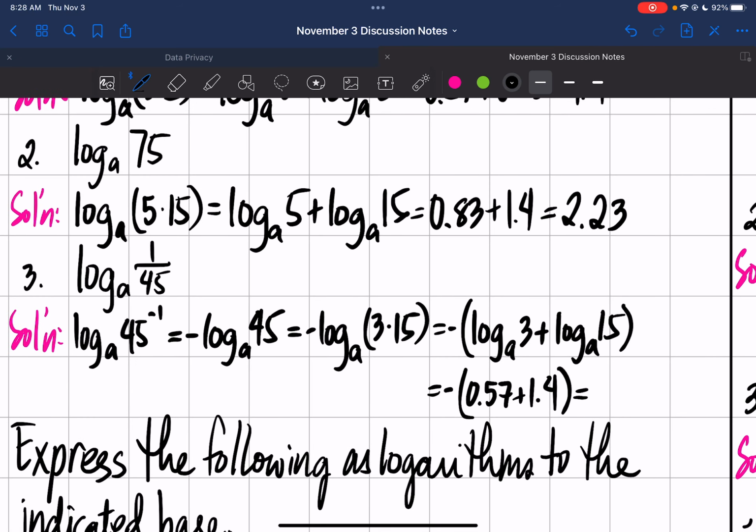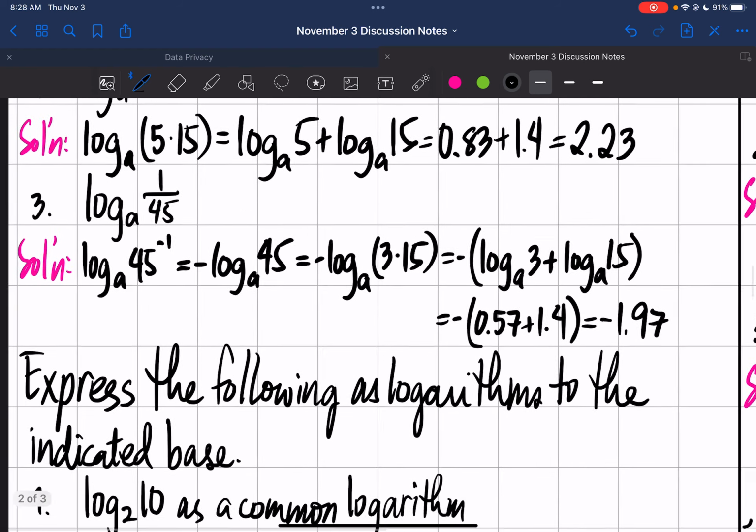So we get here negative 1.97. I hope these three examples are clear. So let's proceed dun sa next examples.